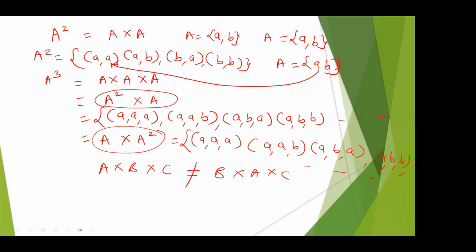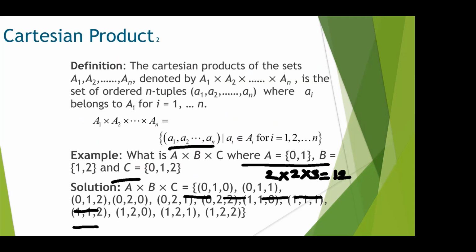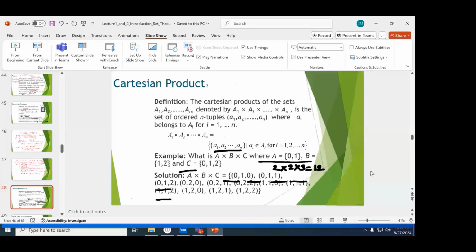So the elements will match, although the sequence will not match. And here is another example where we have 3 sets A, B, C, and every set has its own elements. I will just copy and paste it on the next slide.